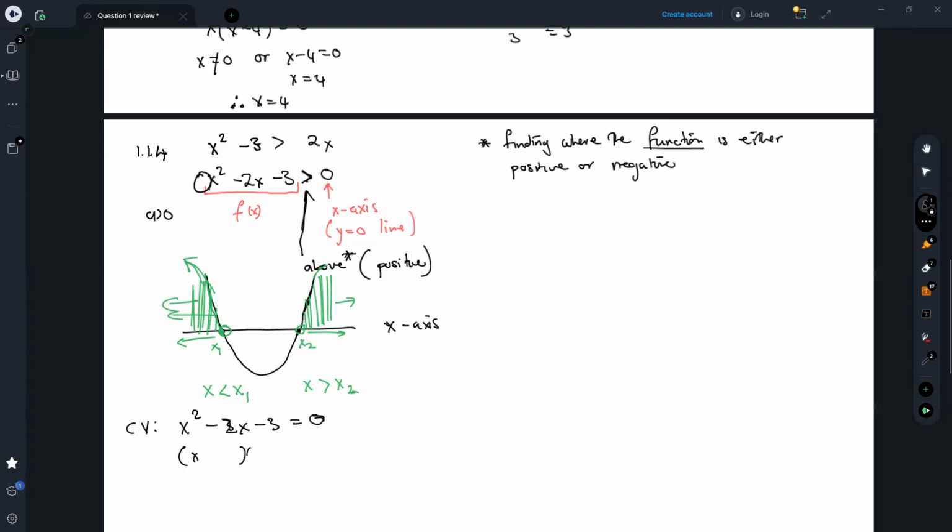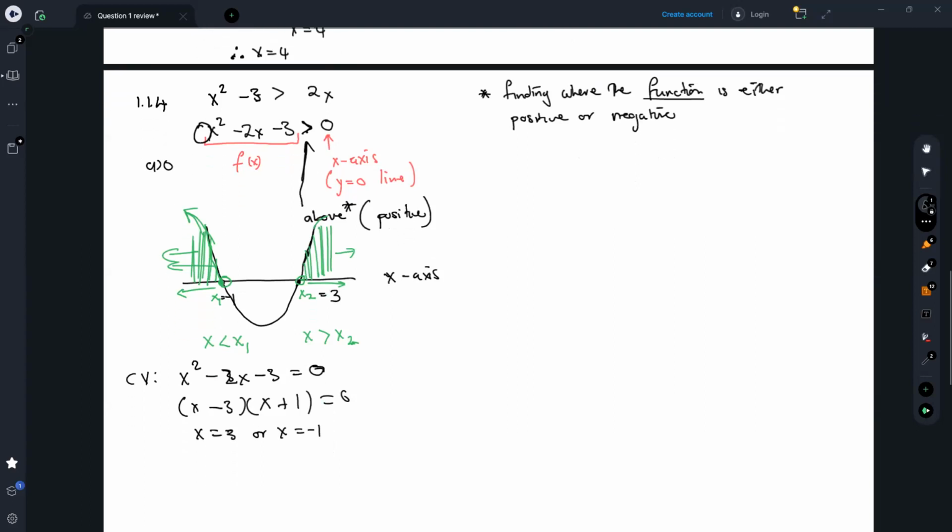So this is the same as opening two brackets and equating to 0 here. So we're going to have 3 and 1. In this case, it's going to be minus 3 and positive 1. So we have x equals positive 3 or x equals negative 1. So this means that x1 in this case, being the smaller value, is negative 1, and it means that x2 is equal to positive 3 like that.